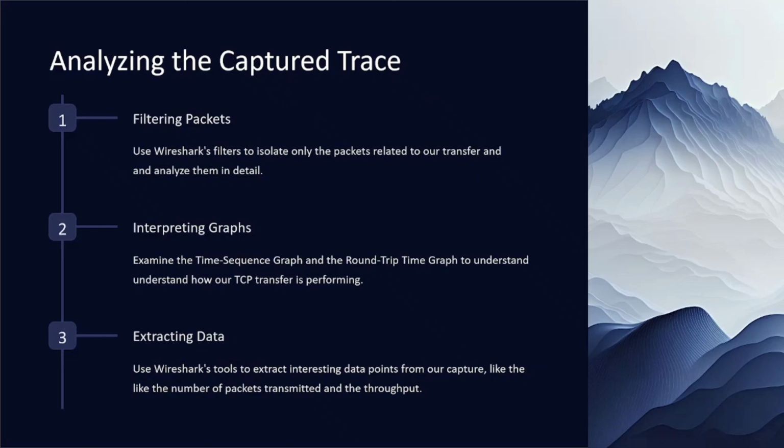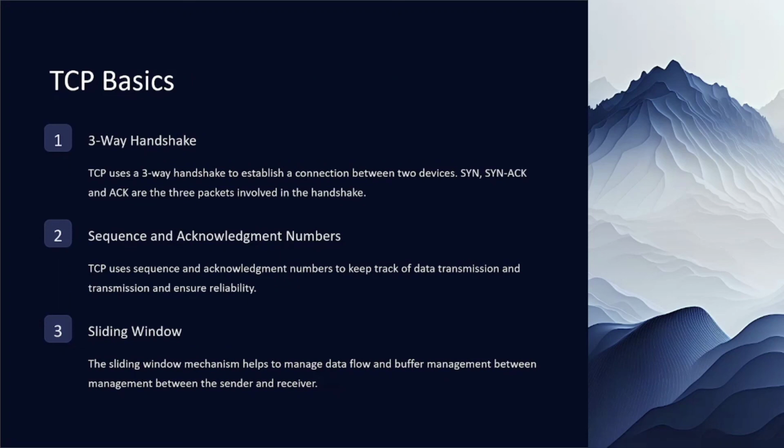We also learned how to analyze the capture traces by filtering, interpreting the graphs, and extracting data. Here you can see the second point, interpreting the graph. We have seen the RTT graph, Stevens graph, and time sequence graph. By using these three features, we analyze the TCP packets. So these are the basics of TCP.